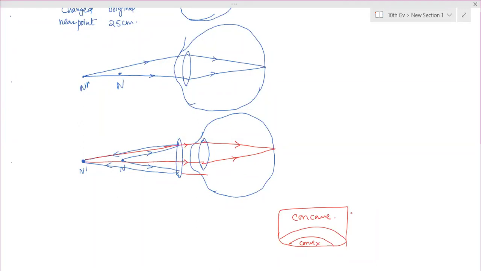Okay, ma'am. Ma'am, causes and correction. Yeah, causes and correction.